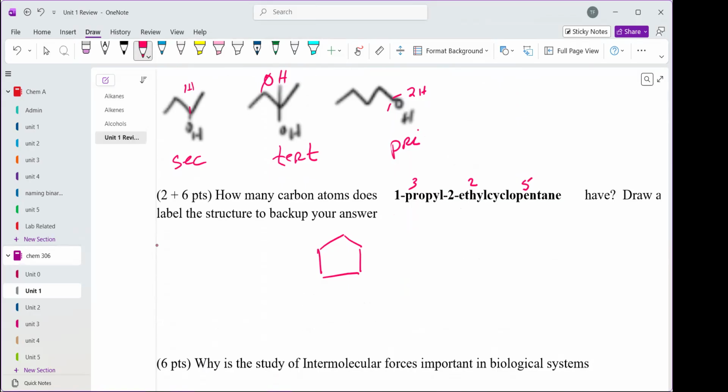And we have, this is the propyl group. So that's going to be carbon number 1. Carbon number 2 is the ethyl group. So here's 5, 3, 2. So 10 Cs.